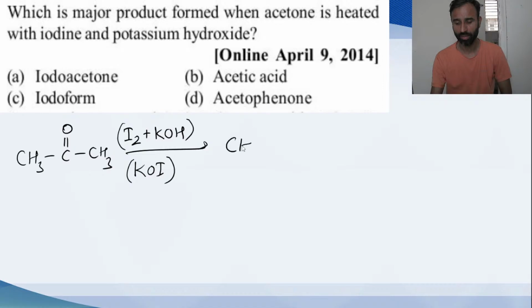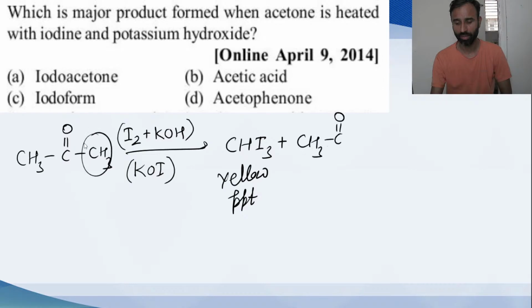One CH3 gives CHI3, a yellow precipitate of iodoform, and the other part is converted into the sodium salt. So the major product is only iodoform, right?